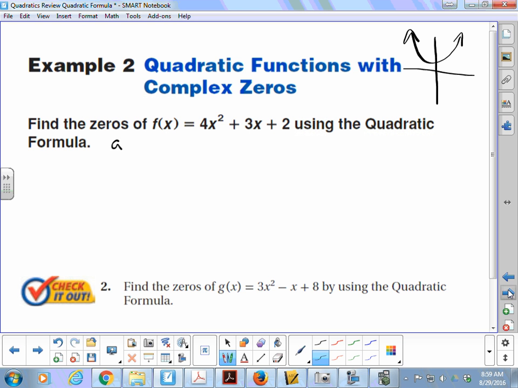So A is 4, B is 3, and C is 2. And the difference is when we're done, we're going to end up with a negative number under the radical. And so we just need a refresher on what we do with those. All right.